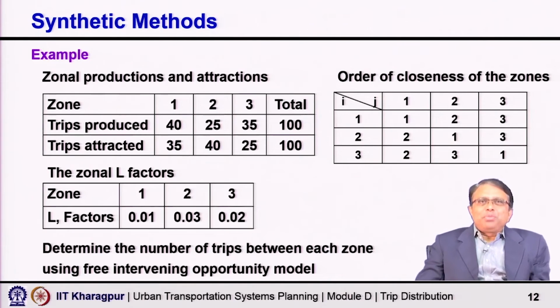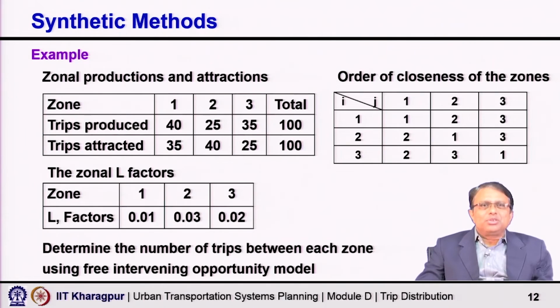Let us take an example. I have given 3 zones here, trips produced in these 3 zones, trips attracted to these 3 zones, and then the order of closeness. Remember, this order of closeness is very important in this case. Like the column indicates, the first 1 to 3 indicates the closeness of zone 1.